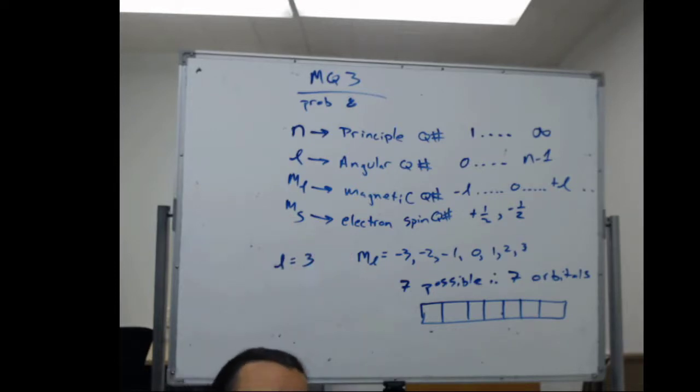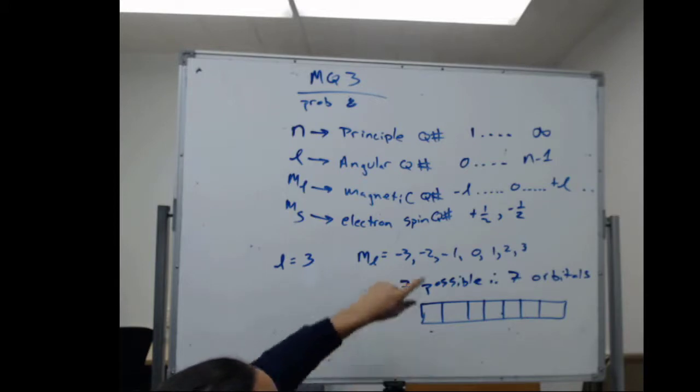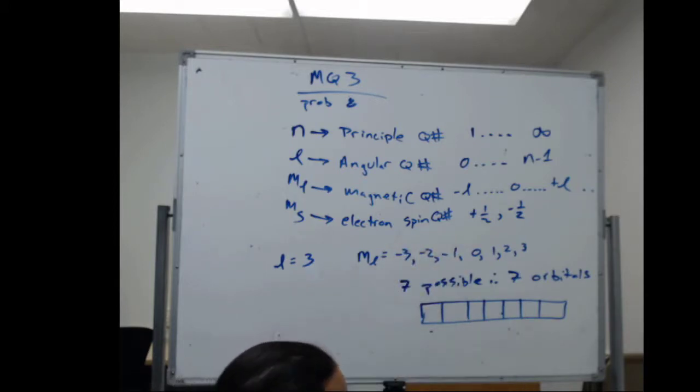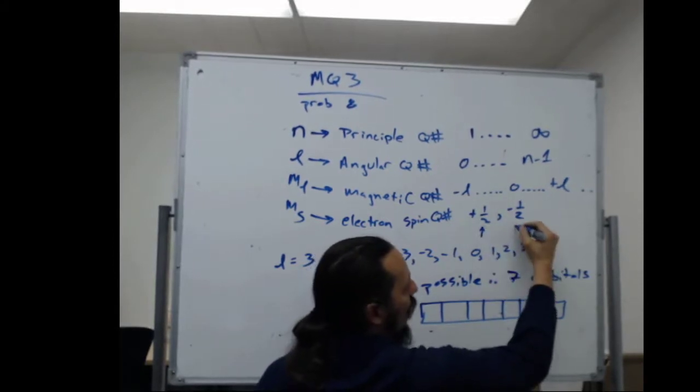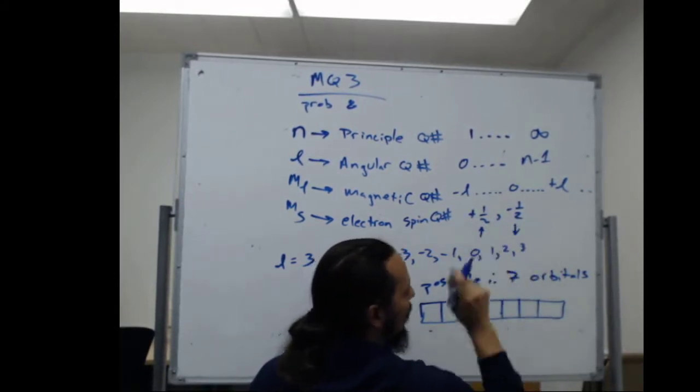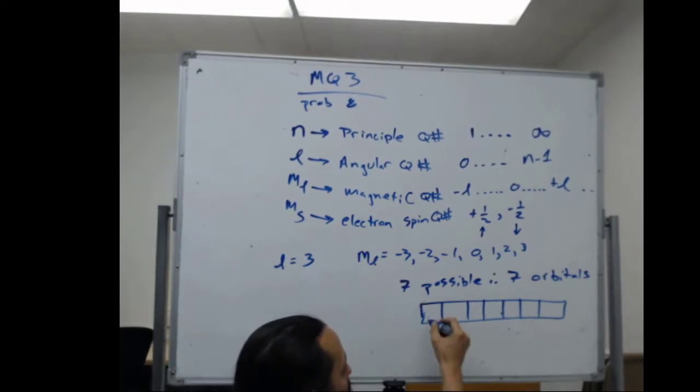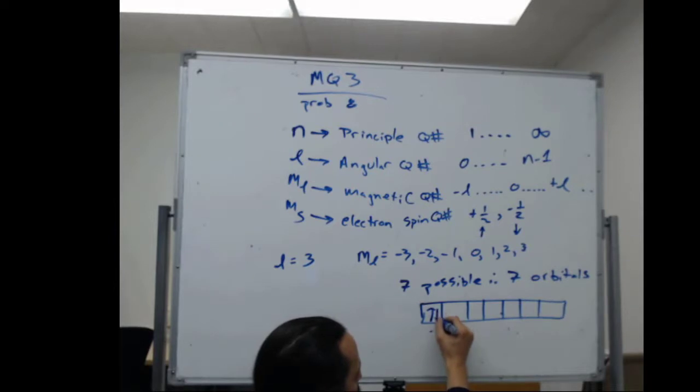Trying to not get too far into next week's material yet. Each box, each orbital, can have an electron with a spin up or an electron with a spin down. That's the plus a half or a minus a half. So each orbital can hold a spin up or a spin down.